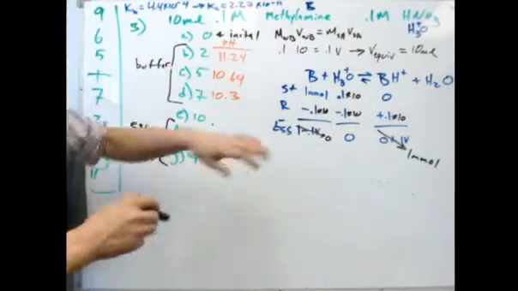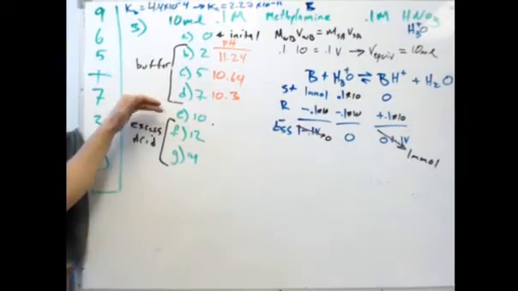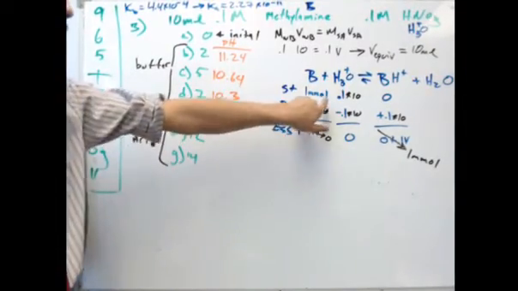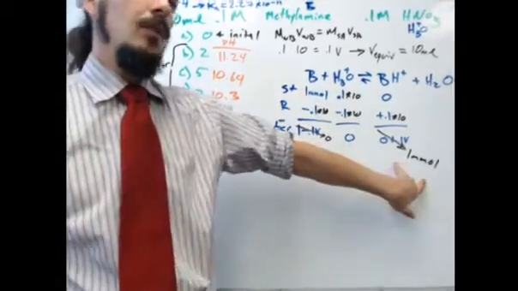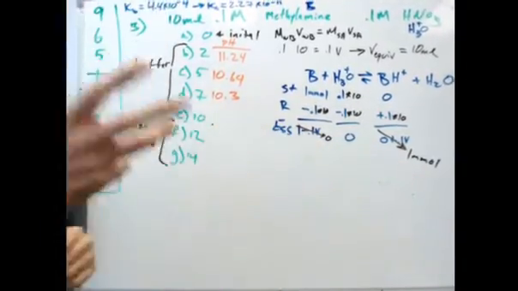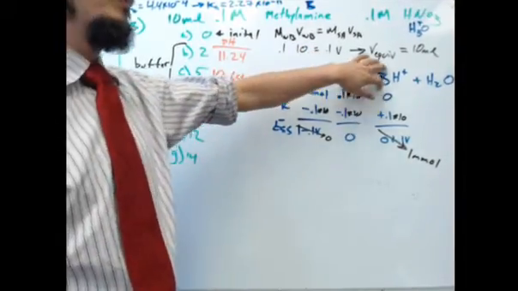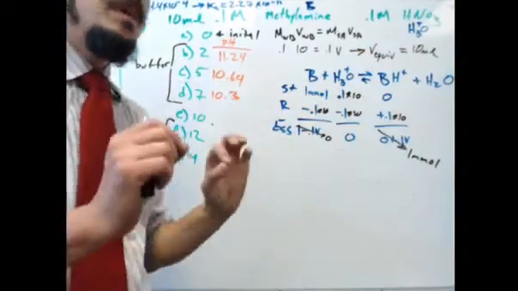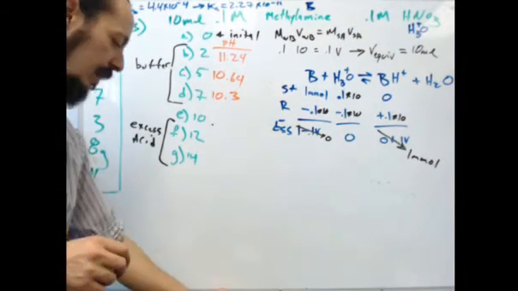Notice, I've converted all of my weak base into conjugate acid. That's the definition of the equivalence point. I have an equal amount of base and strong acid that converts all of my weak base into conjugate acid. Again, careful with your vocabulary. We've got a weak base, we've got a strong acid, we've got a conjugate acid. We have to be careful with our vocabulary to make sure we're not confusing which thing we're talking about.